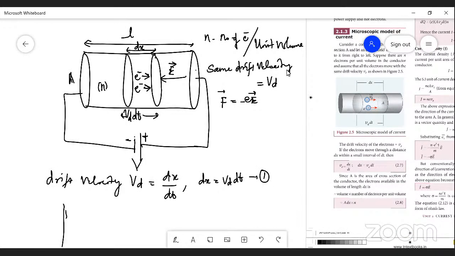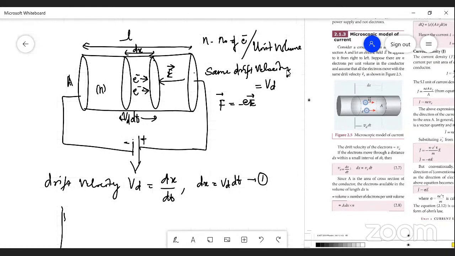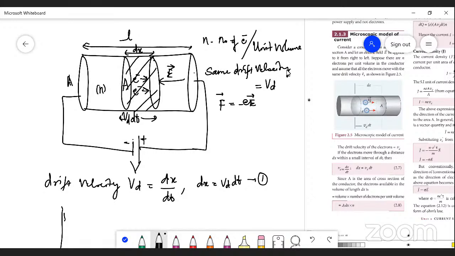A is the area of cross section of the conductor. This area multiplied by length will give you the volume. We are going to calculate this volume and find out the number of electrons existing in this given volume of the conductor.